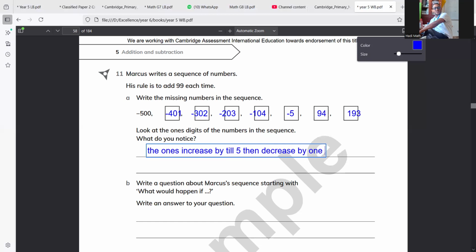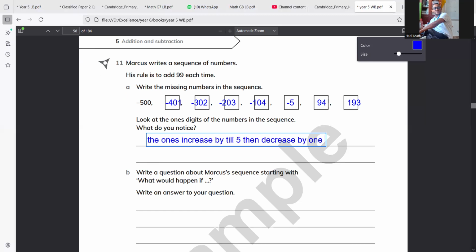It's 1, then 2, then 3, then 4, then 5, then getting back to 4 and 3. And next time will be 2 for sure, because it's going to be 292.